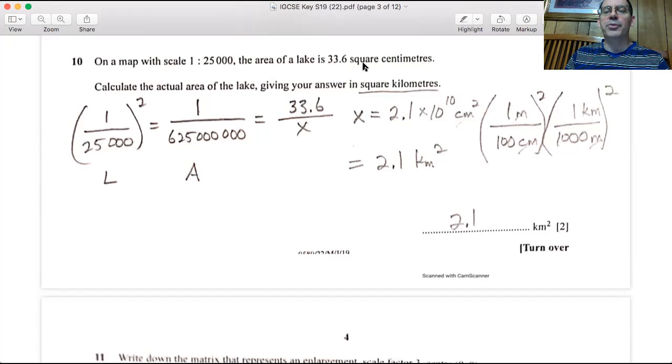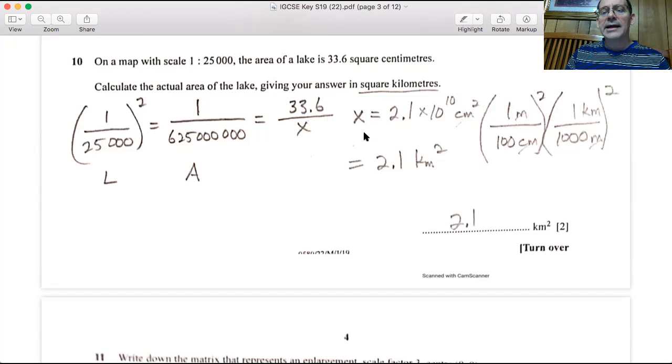And then we want to take that and set up a proportion with what is given here. The 33.6 would be the scale on the map size, and then X is the unknown actual area of the lake. So the map versus actual from the scale, and then the map versus actual for the lake.